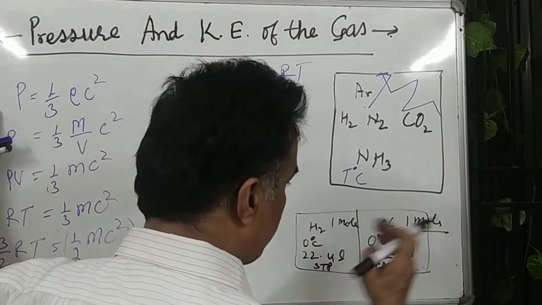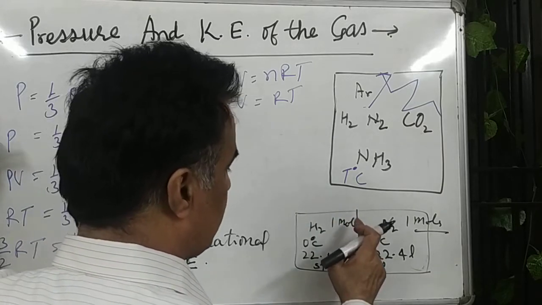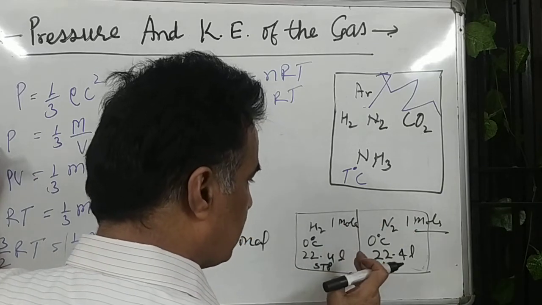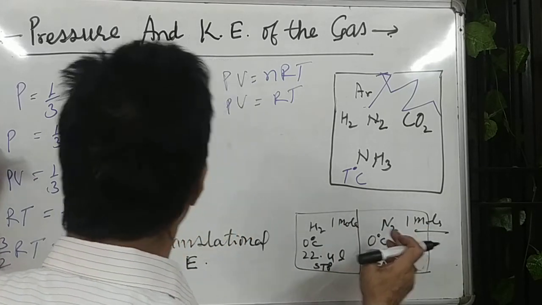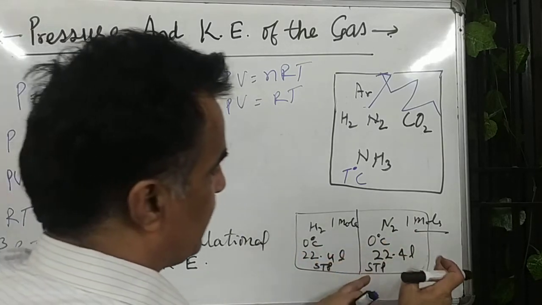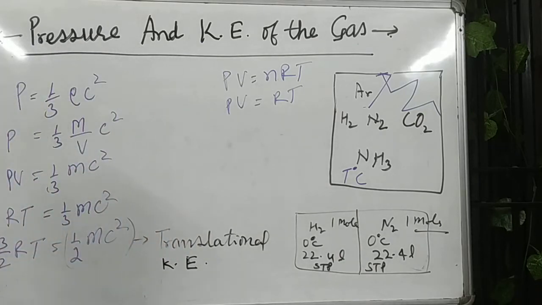Due to nitrogen there will be more pressure, due to hydrogen less pressure.